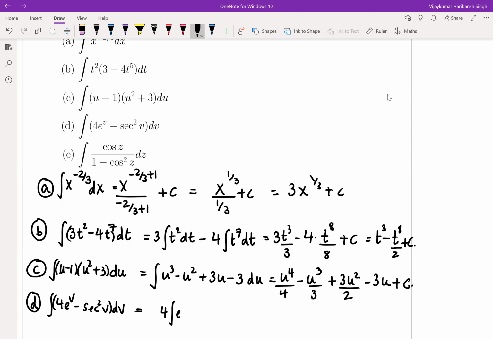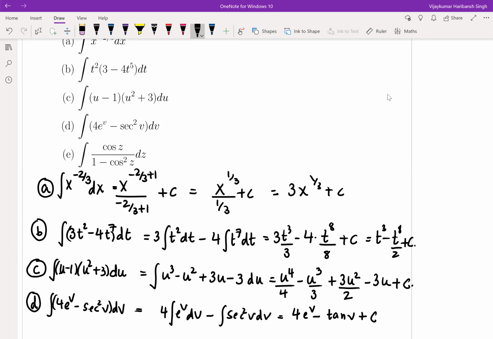We get 4 times integral of e to the power v dv minus integral of secant square v dv. So integral of e to the v with respect to v is e to the v. Integral of secant square is tan, because derivative of tan is secant square, plus constant c.